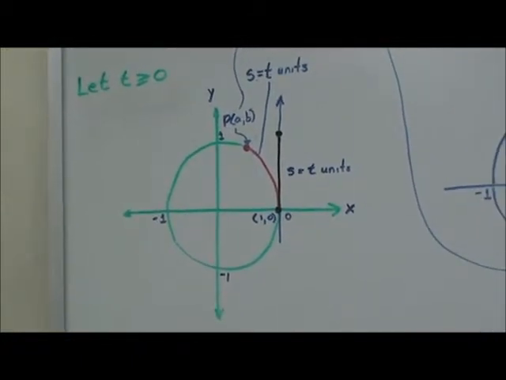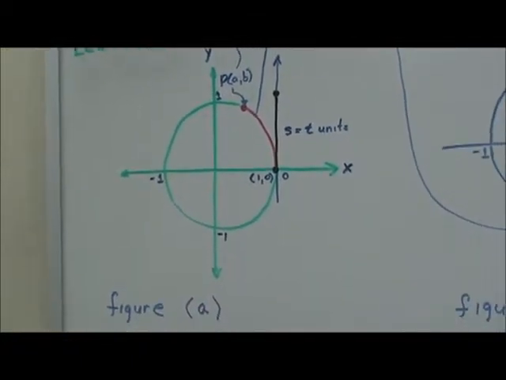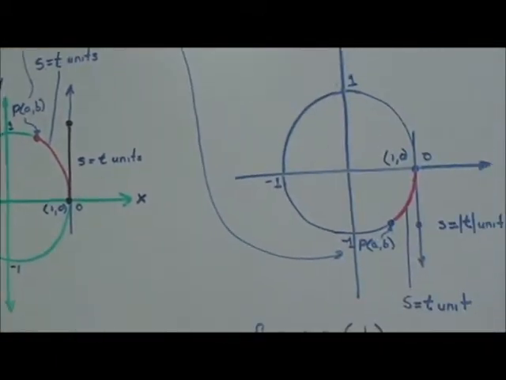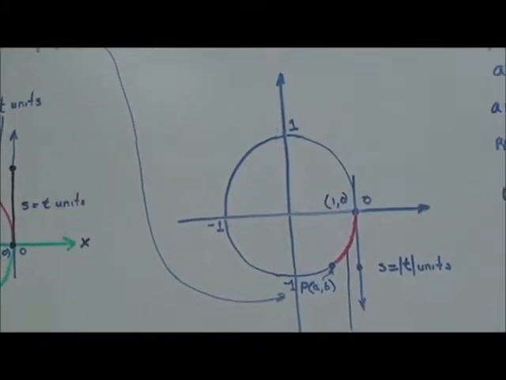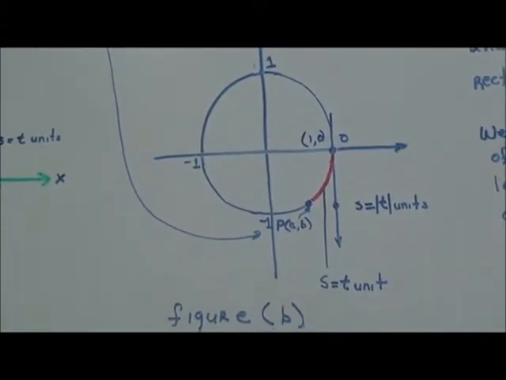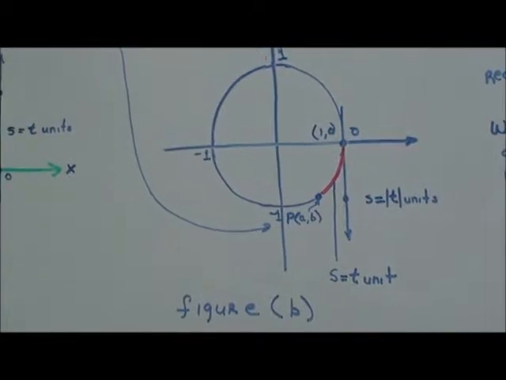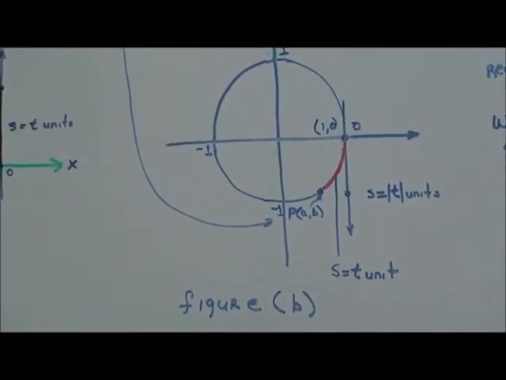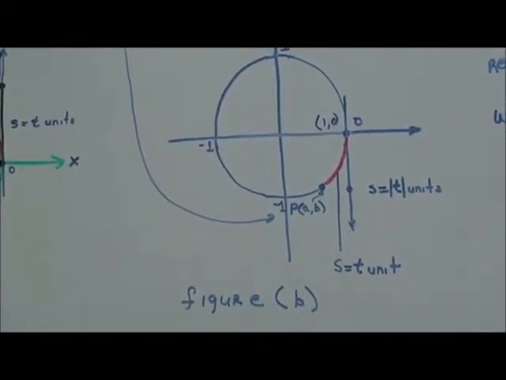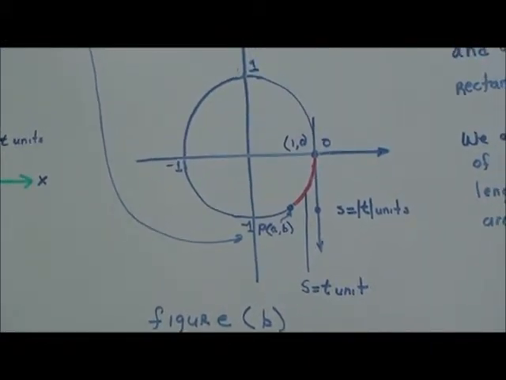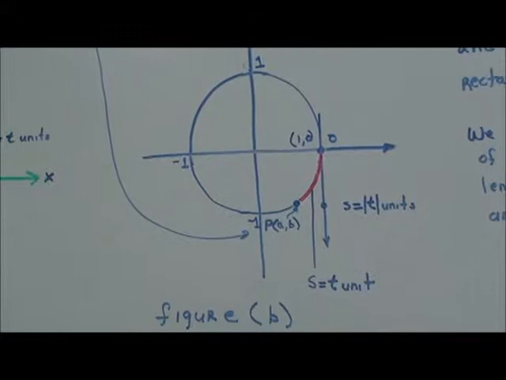And if T is less than 0, we begin at the point (1, 0) on the unit circle and travel S equal to the absolute value of T units in what motion? A clockwise direction to arrive at the point P, which is (A, B). Now look at figure B there.